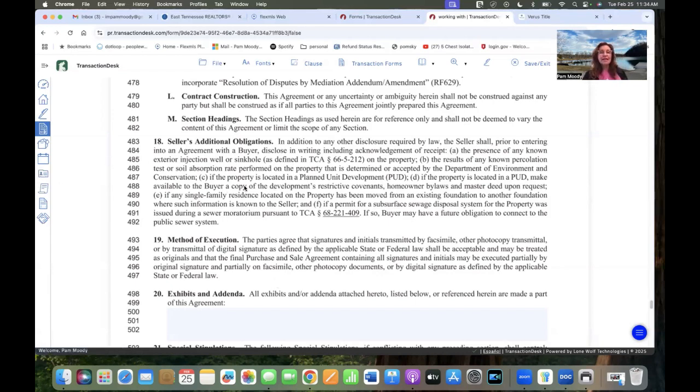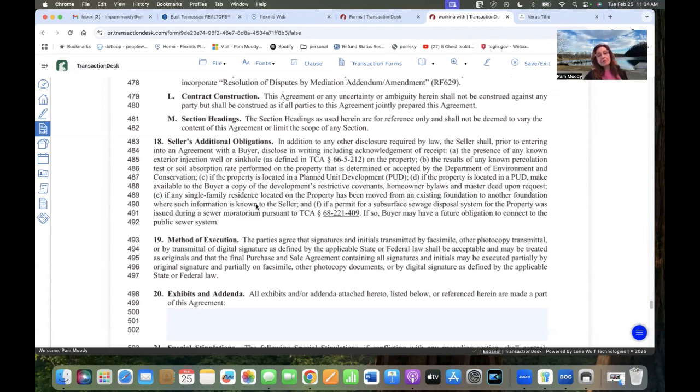Conservation. If the property is located in a planned unit development, that's a PUD, make available to the buyer a copy of the development's restrictive covenants, homeowner bylaws, and master deed upon request.